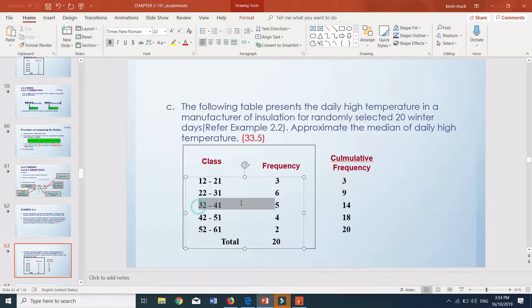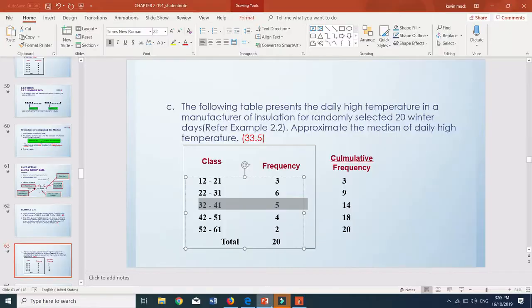The middle class, because 10 is after the 9, right? So the 10th is in this class, because you have 1, 2, 3, 4, 5, 6, 7, 8, 9. The 9 is until here, and the 10 will be in this class. So this is the median class.